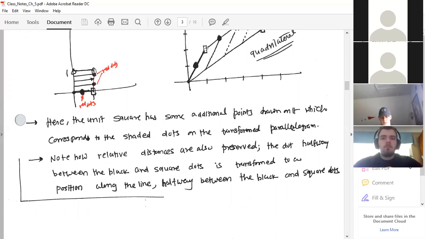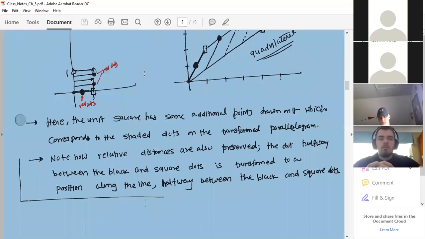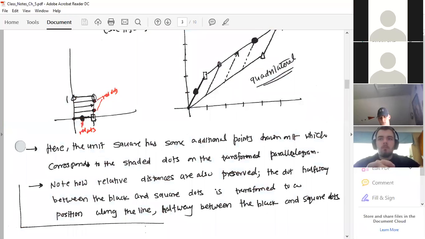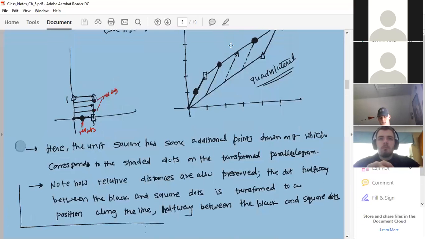So this is the black and this is the square dot. So this is the halfway. So this one is transformed over here. Same way, if you move like this, these two red dots are transformed here, here and here, here and here.